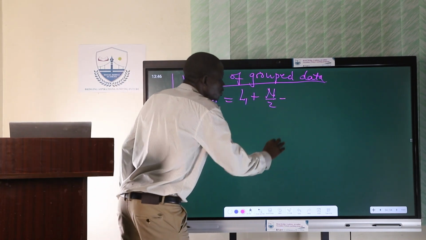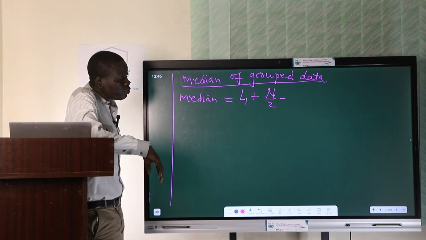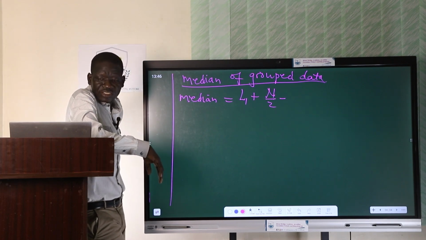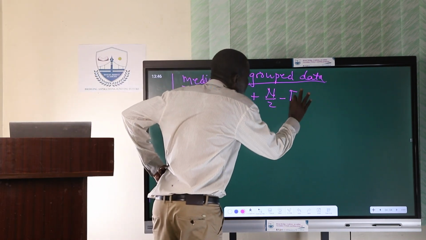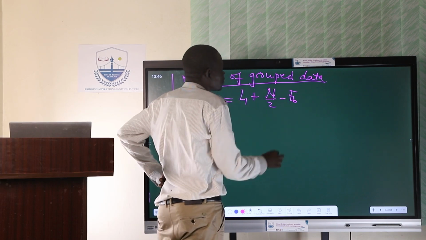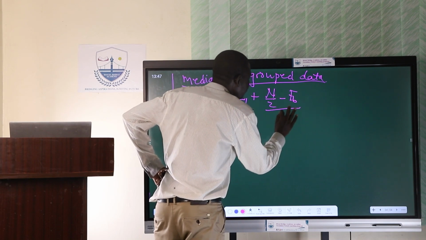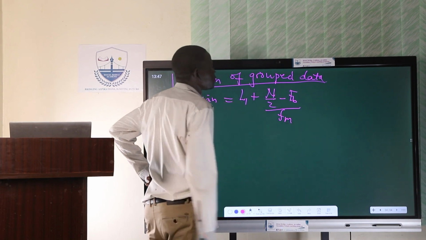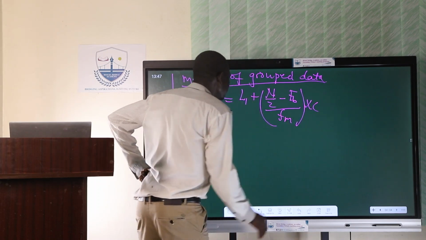Then minus the cumulative frequency before the median class. This one we can represent by letter FB, which means the cumulative frequency before the median class, all over Fm. Then we multiply it by C.